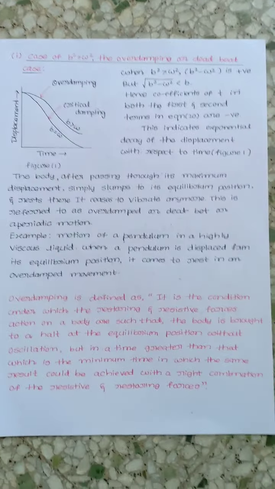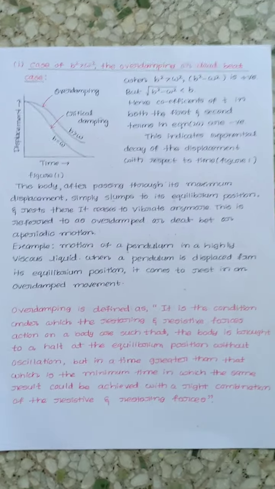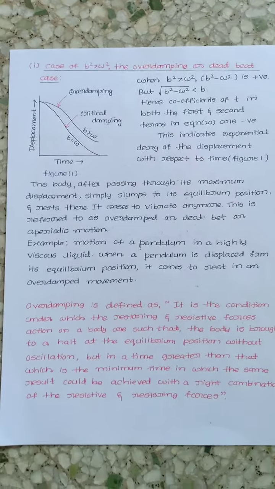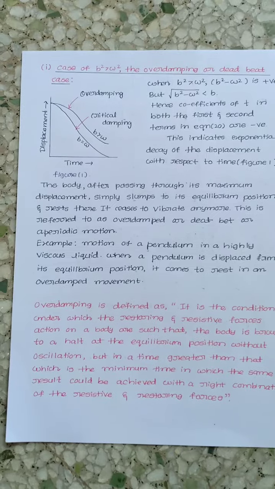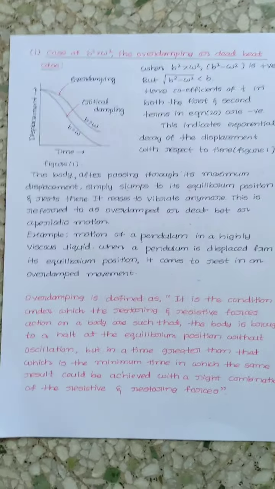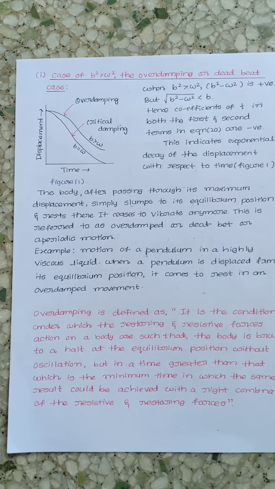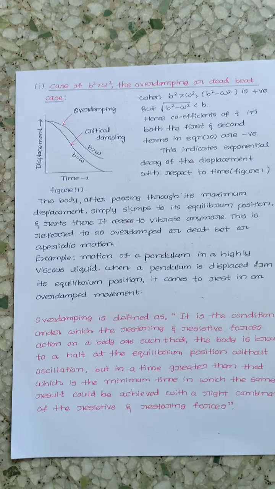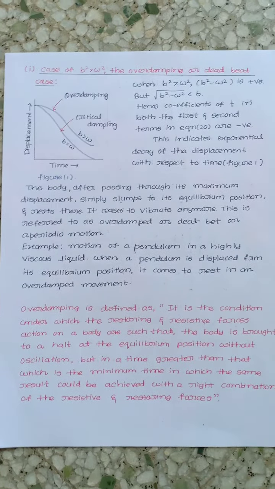When b square is greater than omega square, b square minus omega square will be positive. In this case, the root of b square minus omega square is less than b, so the exponential of equation 20 decreases.